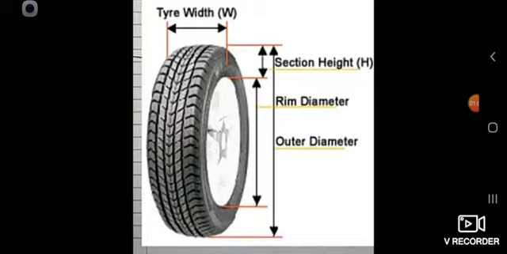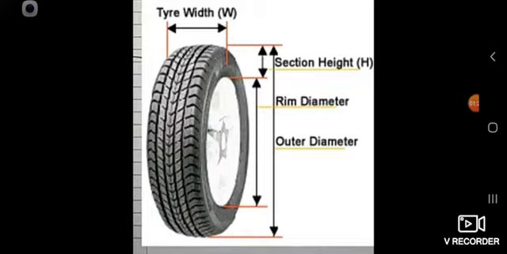So we can consider these two examples. While purchasing or selling a tire, what are the parameters to be considered?